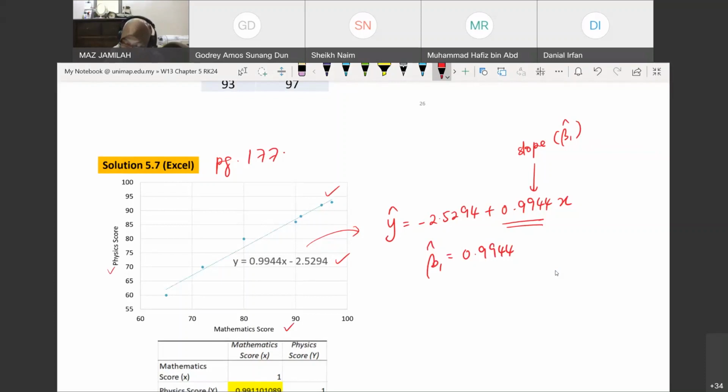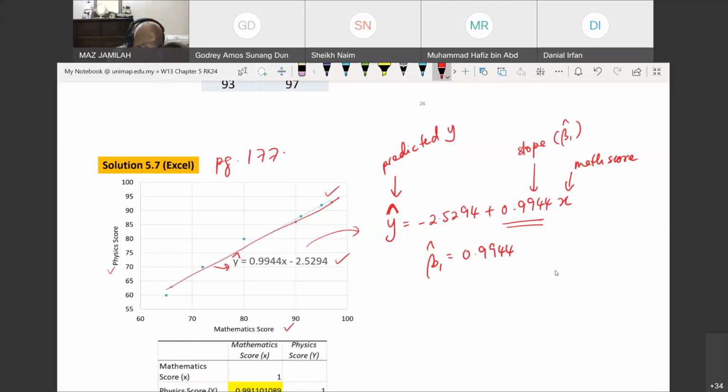Okay, and this one is your maths score, and this is your predicted. Why predicted? We have this hat, because we are talking about this line. This line is represented by this particular equation. Of course, in Excel, y hat is not written, but we know that this refers to your y hat. So this is your predicted y.